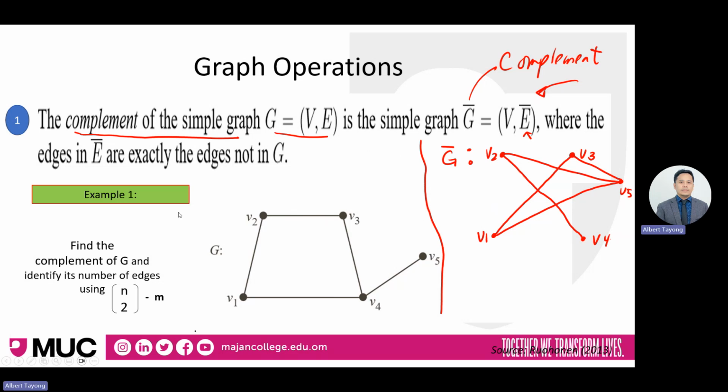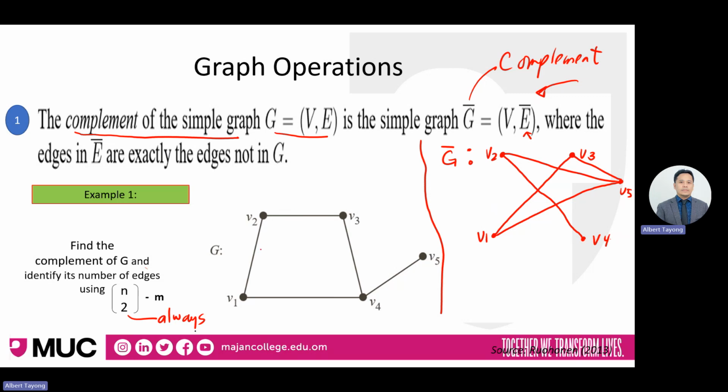Now there is an additional question here. You're asked to find the complement of G and identify the number of edges using n choose 2 minus m. This one is always 2. Why? Because in a simple graph, an edge always contains 2 points.